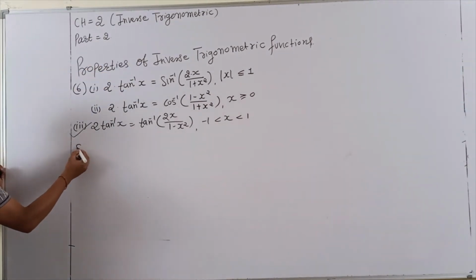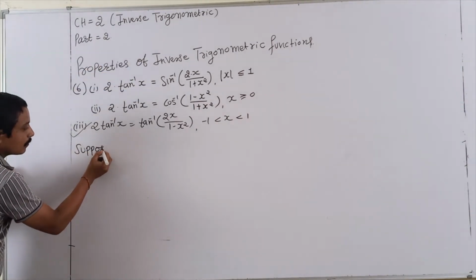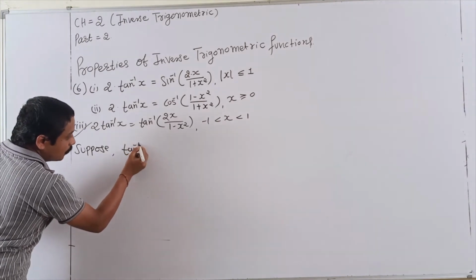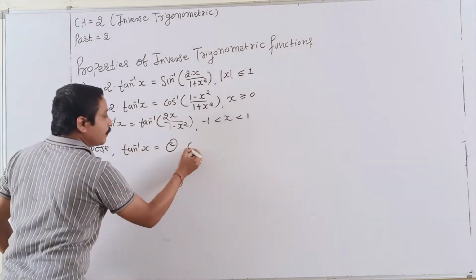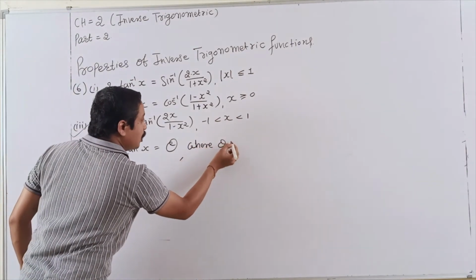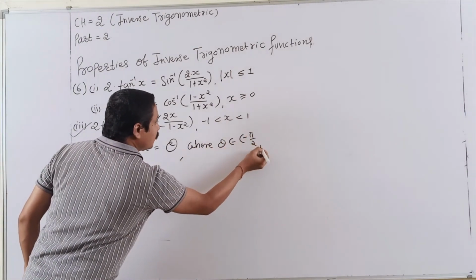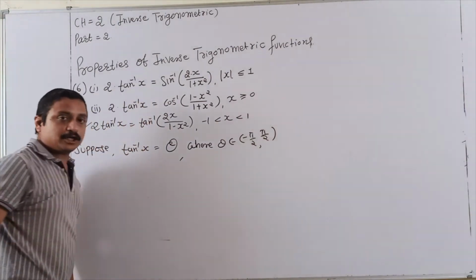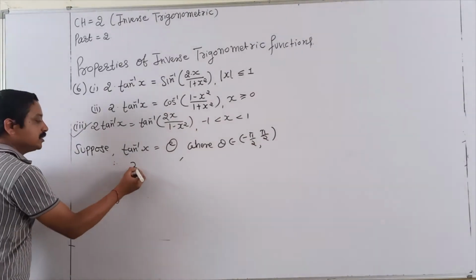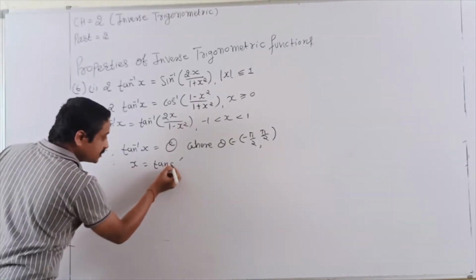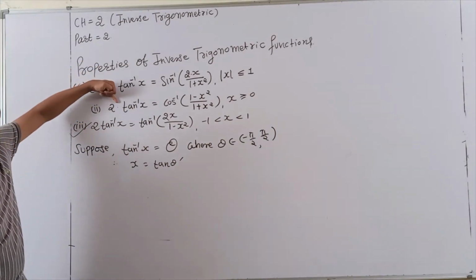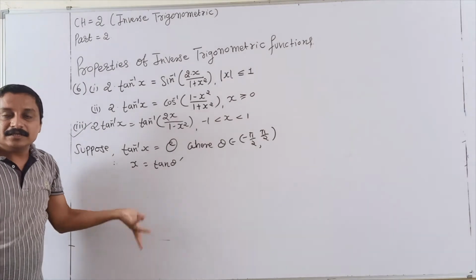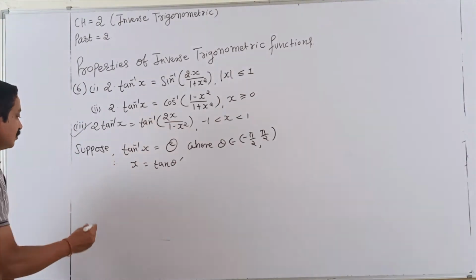In the first case, suppose tan inverse x is equal to theta, where theta belongs to the range of minus 90 to 90. So what is x? It is tan theta. Now I operate the first one, after that the second one. Both assumptions are the same, that's why I explain both combined.